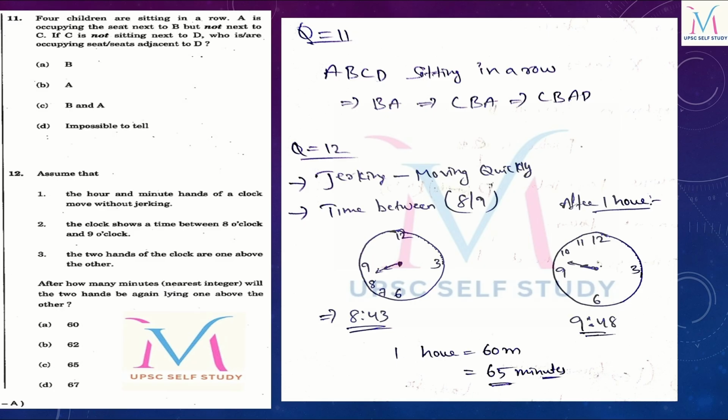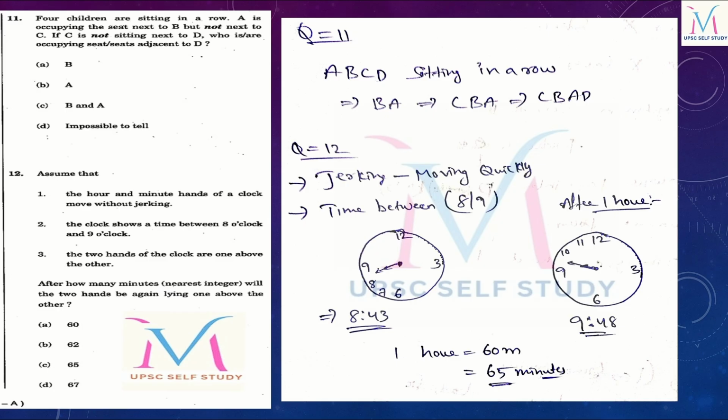And okay, this 12th question is somewhat tricky, you have to listen carefully. 12th one: assume that the hour and the minute hands of the clock move without jerking. Jerking means what? Jerking means moving quickly.